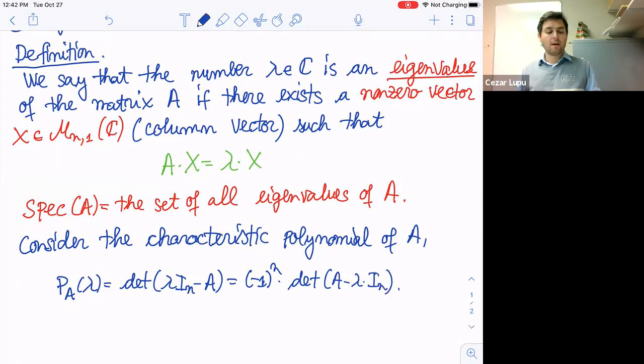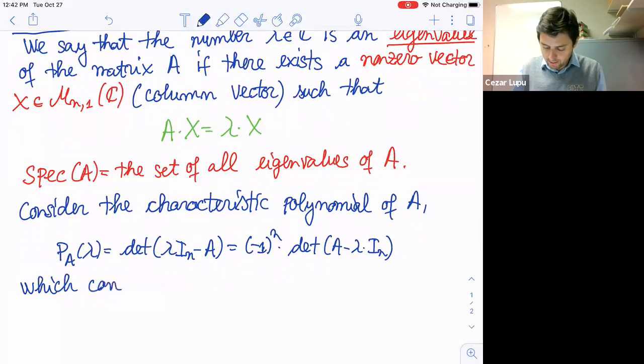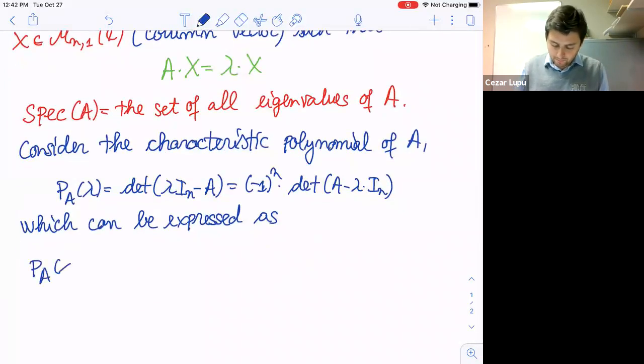Moreover, this can be expressed as P_A of lambda, which is nothing else than lambda to the power n, and I'm going to write it in this way, minus sigma 1 times lambda to the power n minus 1.